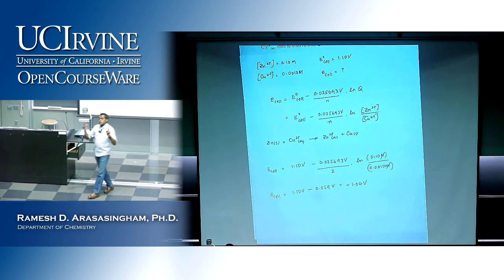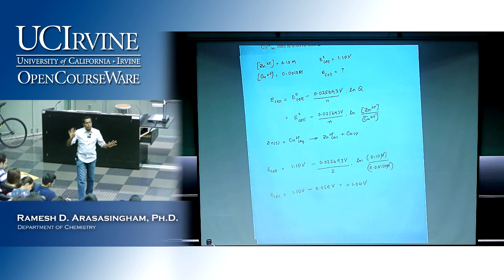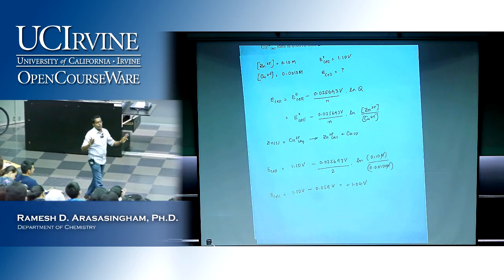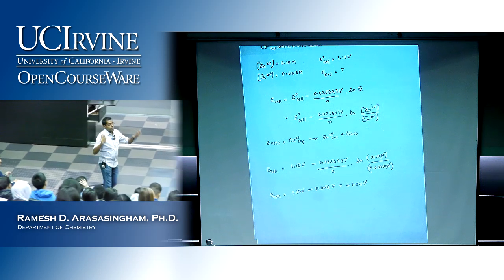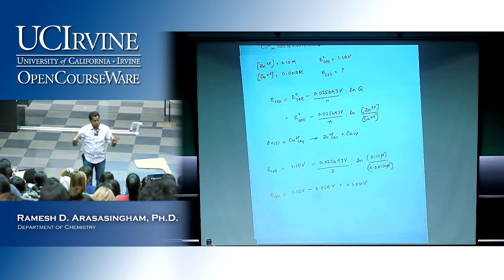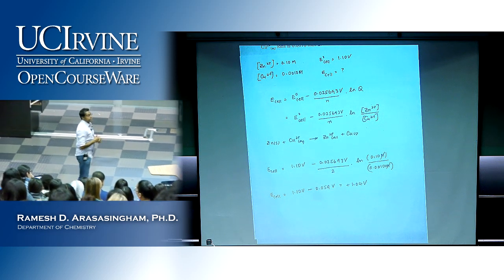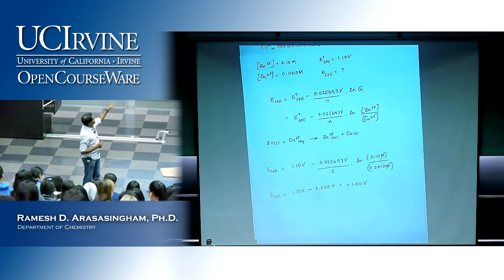So when you have 1 molar concentration of zinc and 1 molar concentration of copper, the cell potential under standard conditions is 1.10 volts. But as the reaction proceeds, you can see the cell potential decreases as the concentrations change in both chambers. And this will be the cell potential when the concentrations are the ones provided there.